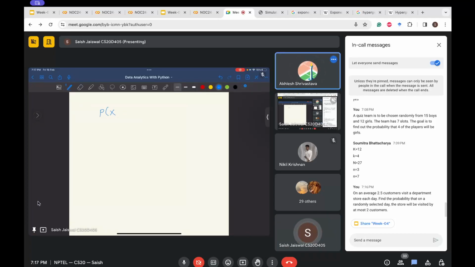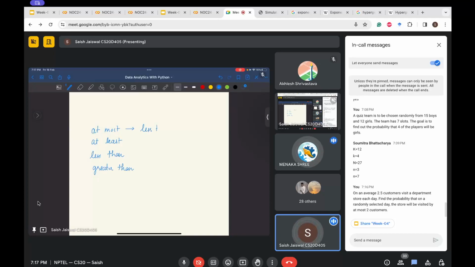Not minimum 2 people, at most 2 people. It's not at least. So there are different terms: at most, at least, less than, and greater than. At most is maximum, less than equal to, and at least is greater than equal to.